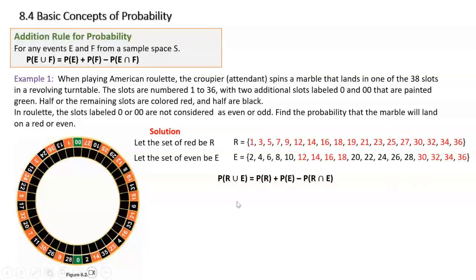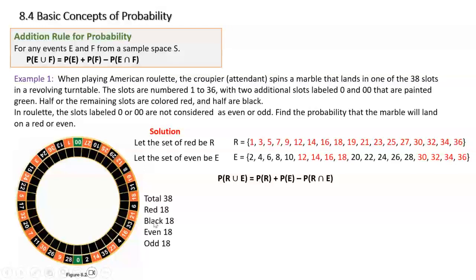So now, there's my formula. The probability of red or even is equal to the probability of red, plus the probability of even, minus the probability where the red intersect the even. And here's the info. There were 38 total.